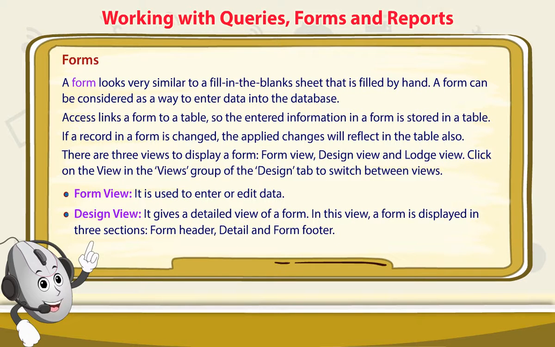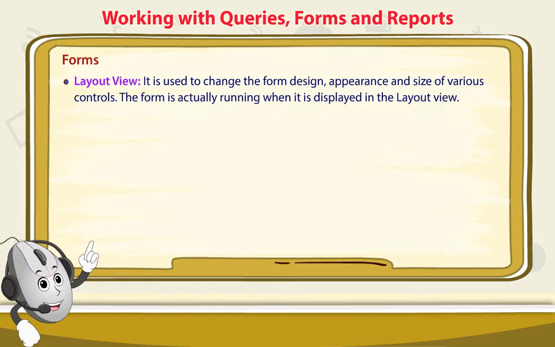In this view, a form is displayed in 3 sections: Form Header, Detail, and Form Footer. Layout View. It is used to change the form design, appearance, and size of various controls. The form is actually running when it is displayed in the Layout view.